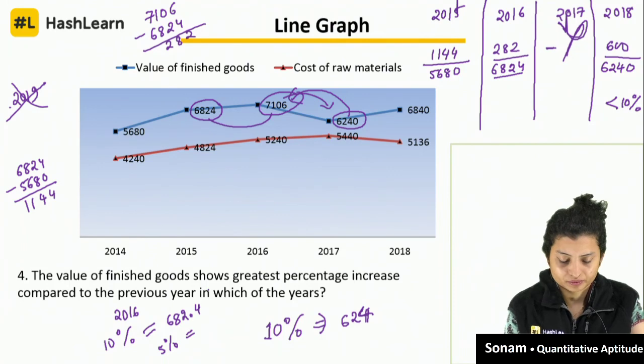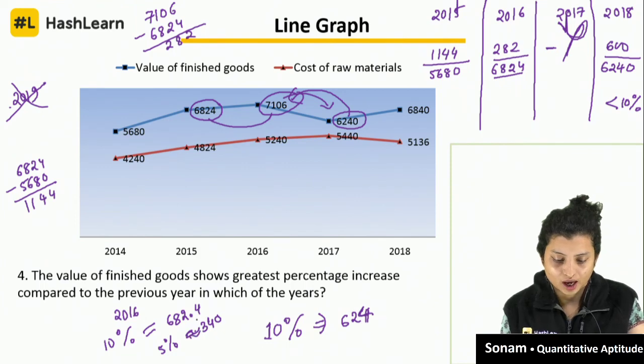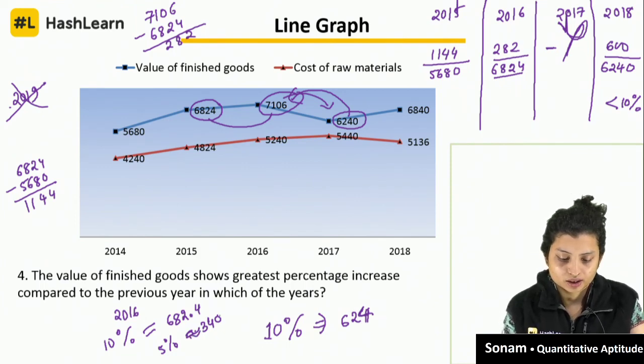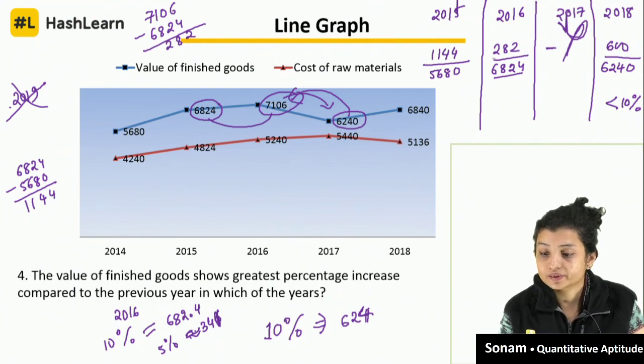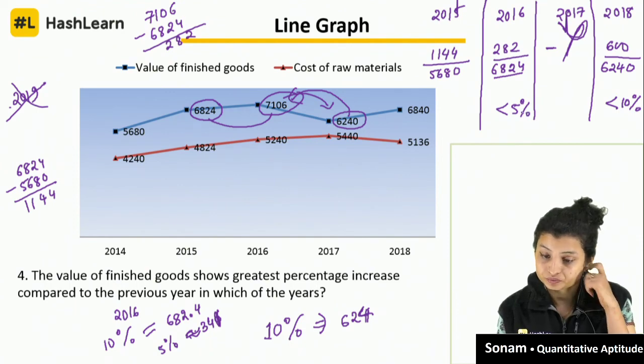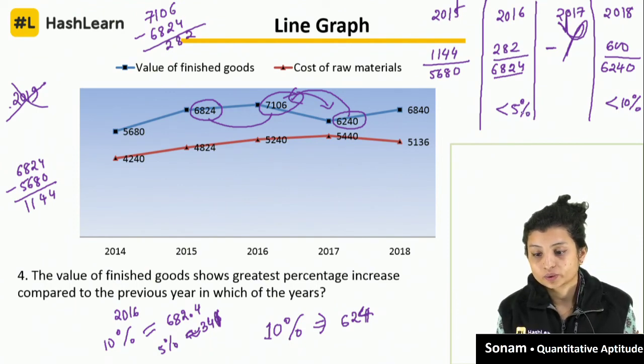Just halve it. Half of 680, how much will it be? 340 approximately, correct? Half of 682, I am saying 341 you can say, right? But your numerator is even less than that, so it means this number is even less than 5%. Yes or no?